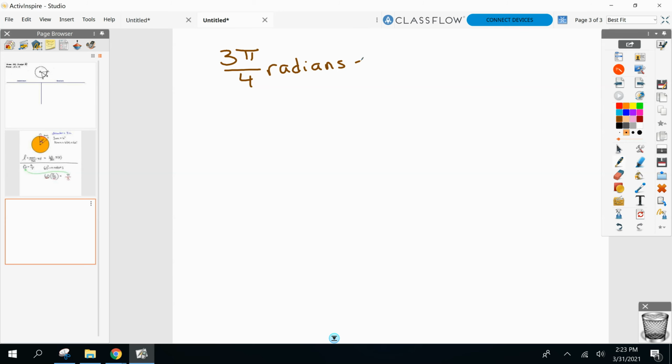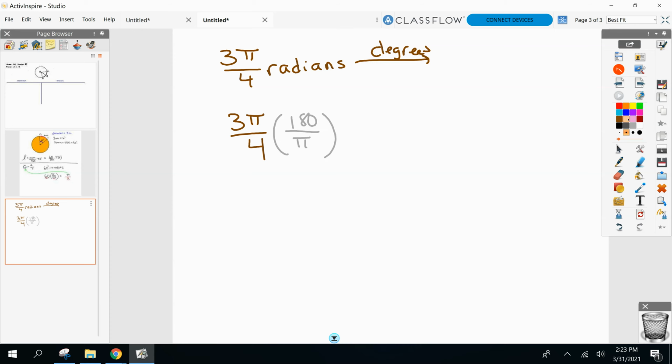So let's say I wanted to turn this into degrees now. Now I look on my formula sheet where it says radians equals degrees. It's going to say to multiply by 180 over pi. All right, 3 pi over 4 times 180 over pi.